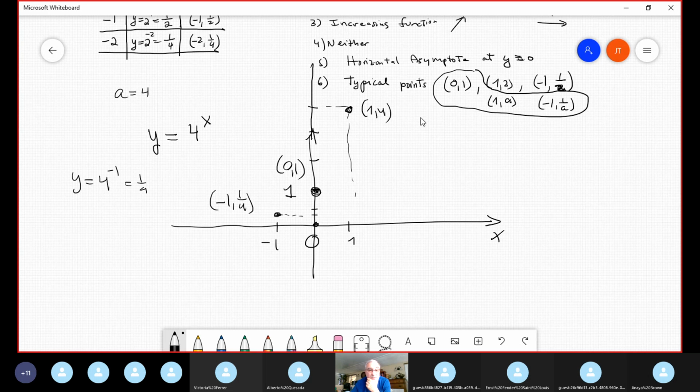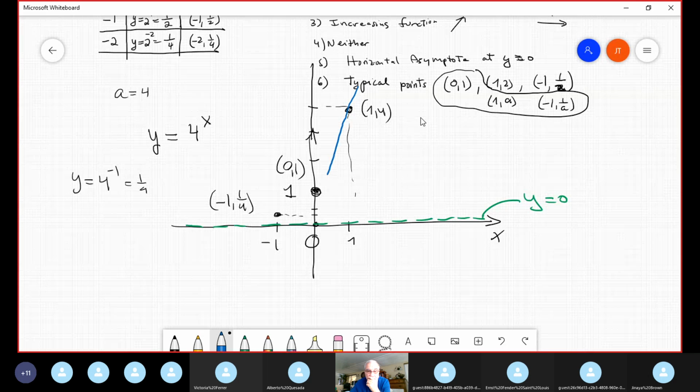Okay. And also I know that this curve contains one horizontal asymptote here at y equals 0. Therefore, my exponential in the test looks like that. Any question?